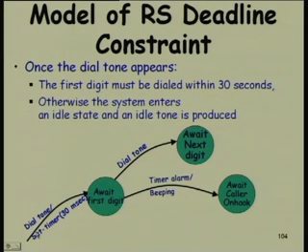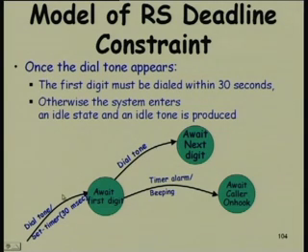So, very similar. The dial tone is produced and it enters the await first digit state, and we set the timer for 30 seconds. Here there is again a problem, sorry, this should be the first digit, it is not the dial tone.